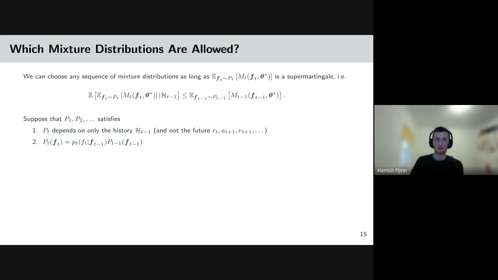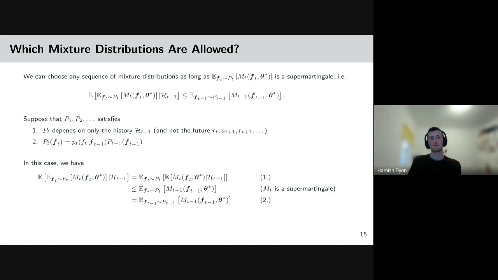And the claim is that if each pt only depends on the history ht minus 1, and if the entire sequence p1, p2, and so on satisfies this second equation, which I'd like to call the marginal consistency property, then the mixture really is a super martingale. And it's quite easy to show that this is true.